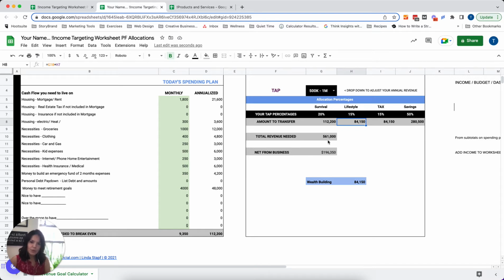And just remember, when we're talking revenue here, we're talking about revenue after COGS, revenue after contractors. So this says total revenue, and this revenue is what your business needs to generate to be able to pay this amount in profit, this amount in taxes. And so as a result, this is going to be after COGS, after contractors, so that we're paying you 50% on the right number.